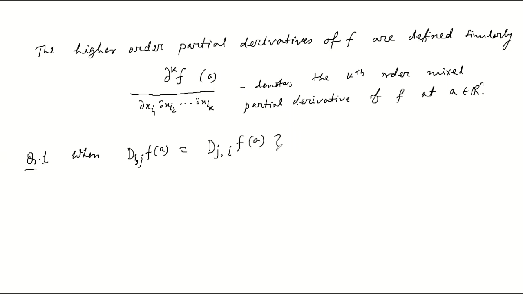That is, when can the mixed partial derivatives be interchanged, so that one can interchange the order? Right now we'll not answer this question. Before answering question 1, let me define what are smooth functions.